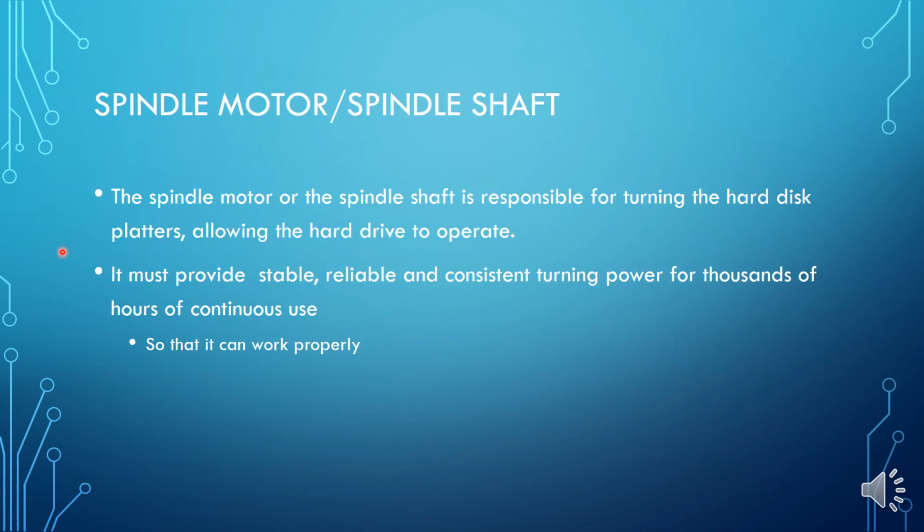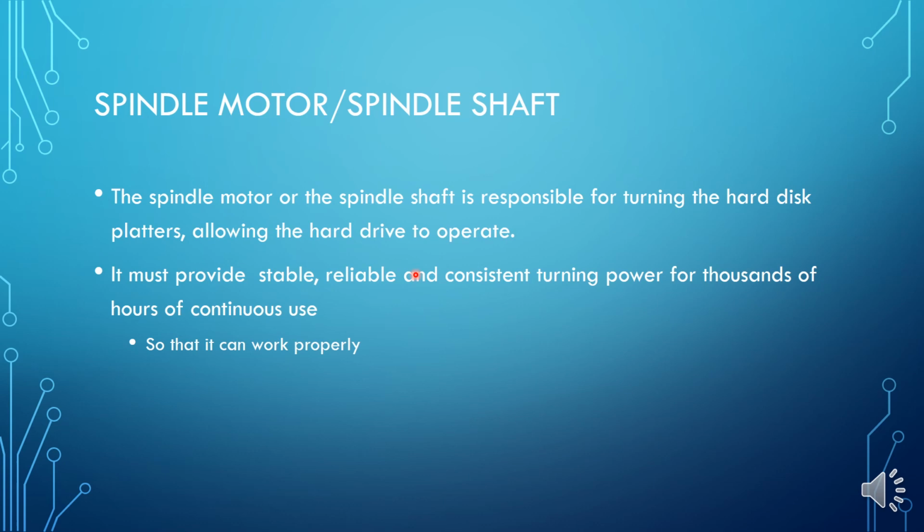Now next, coming to spindle motor. The spindle motor also sometimes called as spindle shaft, and is responsible for turning the hard disk platters, allowing the hard drive to operate. The spindle motor is sort of workhorse of the hard disk. It must provide stability, reliability, and consistent turning power for thousands of hours of continuous use to allow the hard disk to function properly.